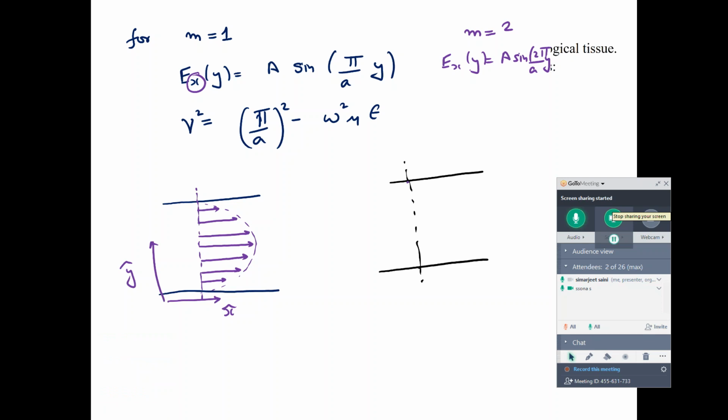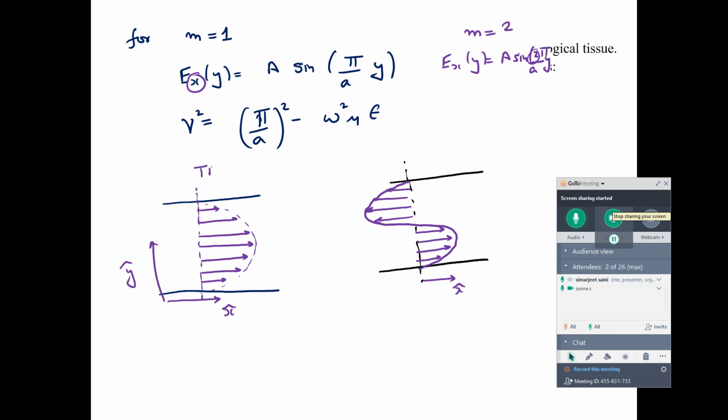But instead of going through one lobe, it's going to go through two lobes. It is going to take a maxima, go to 0 in the center, and take a minima again. So as I go along the length of my waveguide, I have electric field in the bottom half pointing in the positive x direction, and in the top half the electric field pointing in the minus x direction.